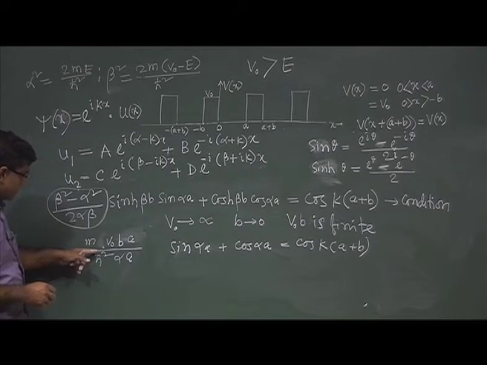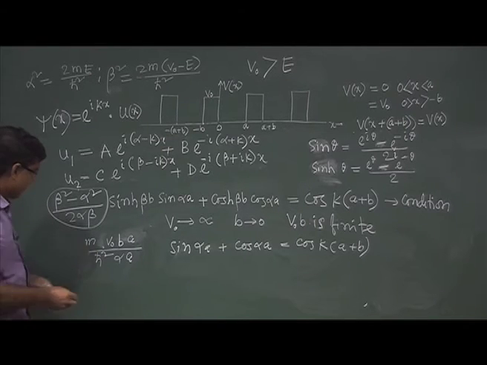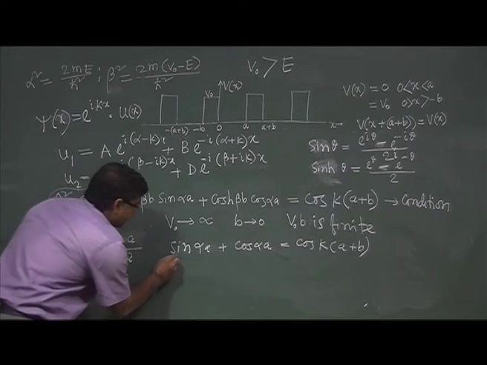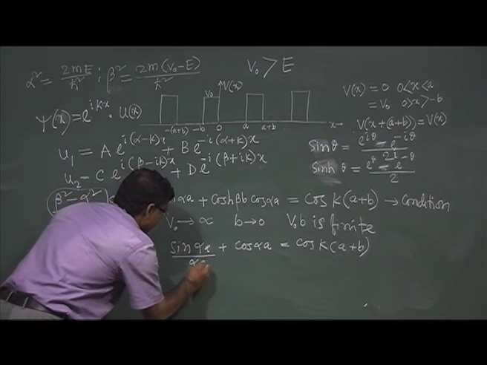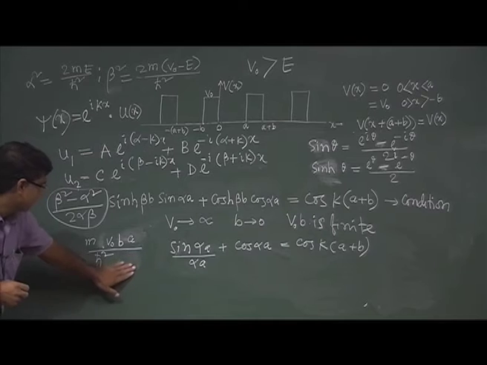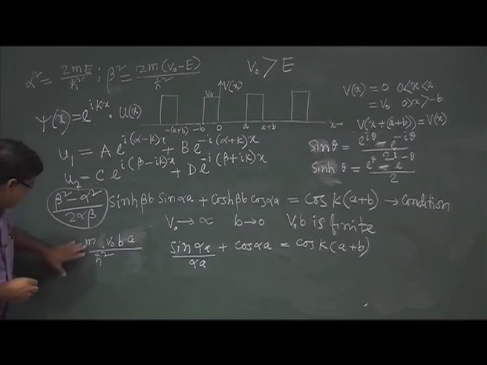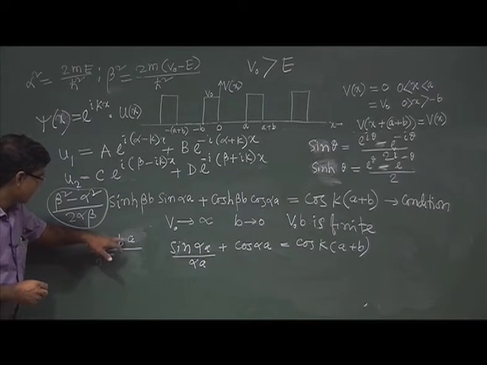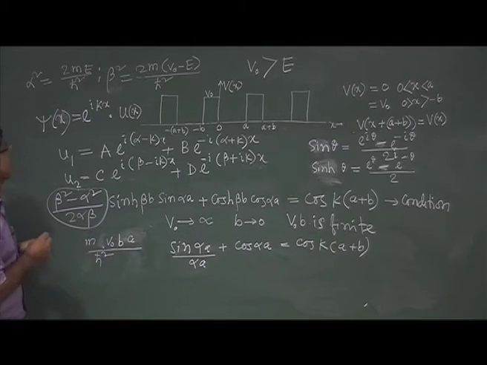My aim is to make it like this, so here I want to put alpha a, right, in this form alpha a. Now, this m V0 a b by h cross square, I am writing just as one parameter, say P, equal to m V0 a b by h cross square.